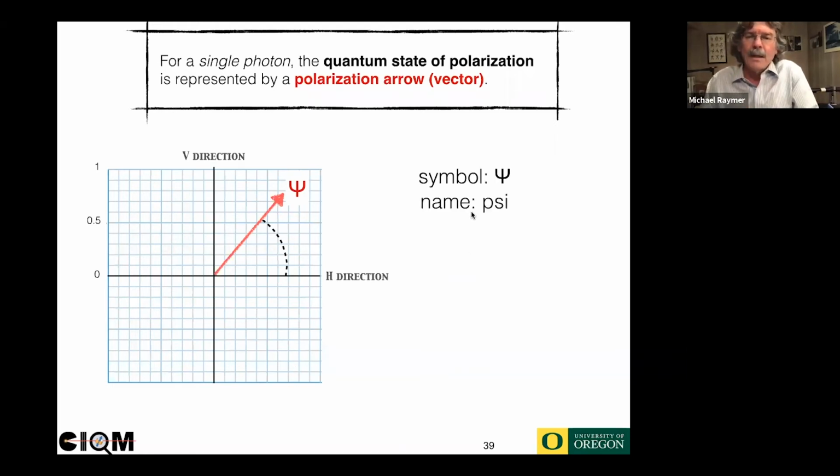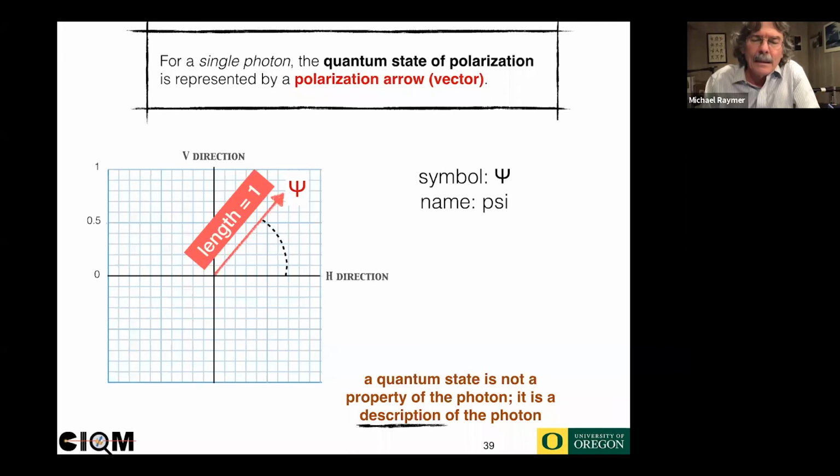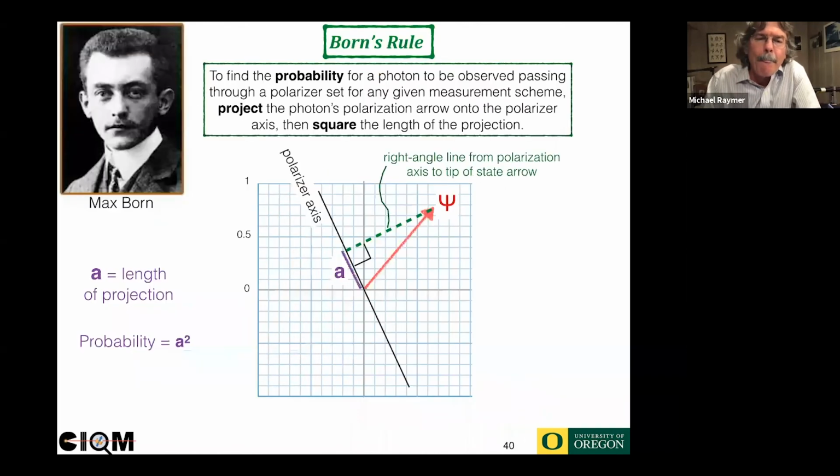Psi, the P is usually silent, so it's pronounced psi, but some people put the P on it. It always has a length of 1. The quantum state is not a property of the photon, it's the description of the photon. And here we get to Max Born, who was one of the founders of quantum physics back in the 1920s.